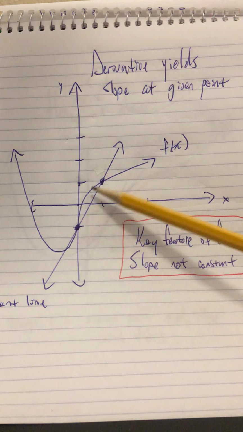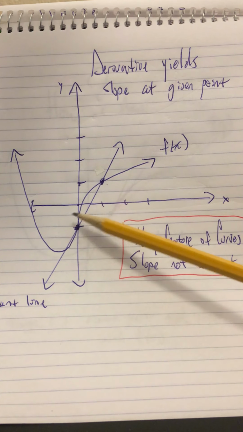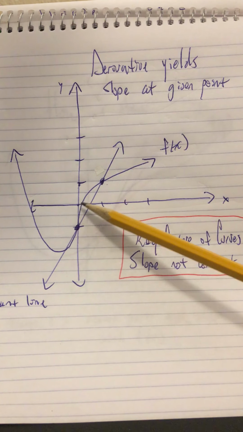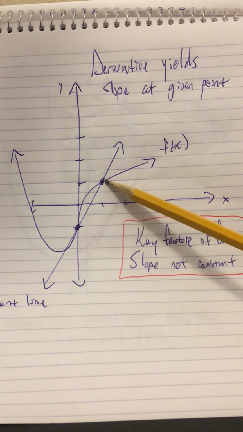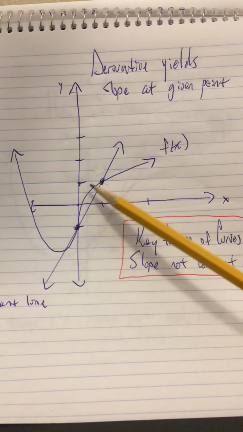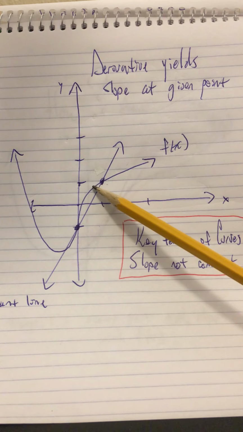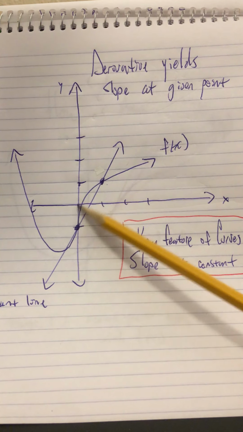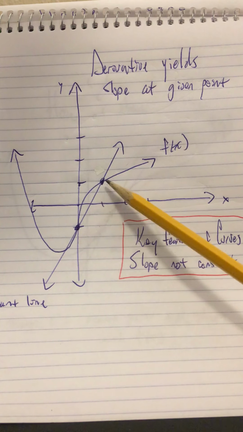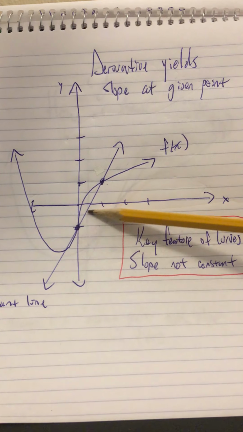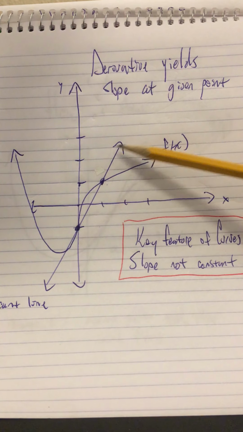But if I use this line to get the slope of the curve, clearly this line is not the slope of the curve here or here. Maybe somewhere in here, and later we'll learn there's at least one place in here that has the same slope as this line, but not there. The slope seems flatter. Not here. The slope seems steeper than this line.